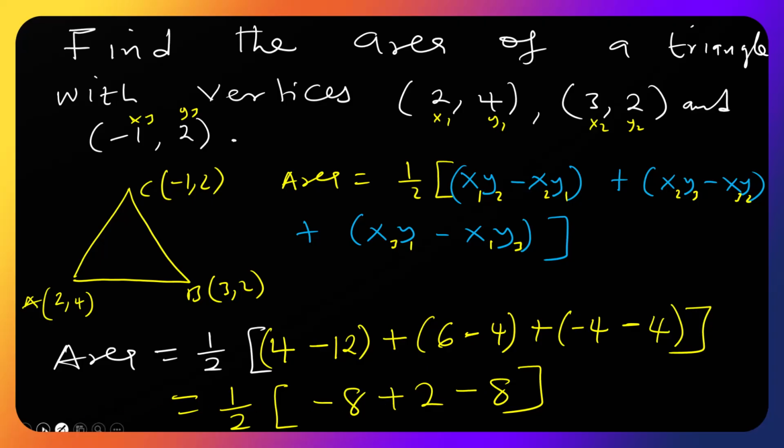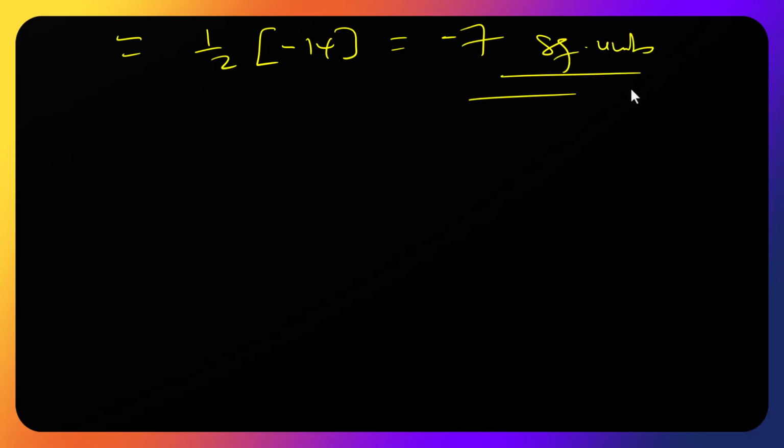So we are getting negative. So half of minus 14 is minus 7. So we have minus 7 squared units. Okay, so that is that.